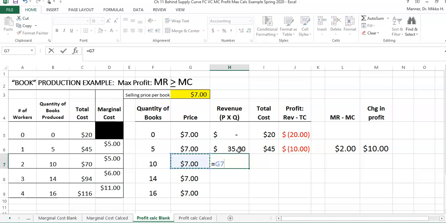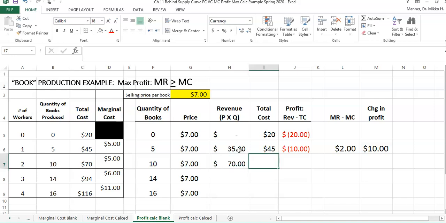Price times quantity gives us our revenue if we hire 2 workers and produce 10 books. Our total cost, which we calculated in the part 2 video of this chapter, is 70 bucks. Revenue minus cost, profit, is 0.